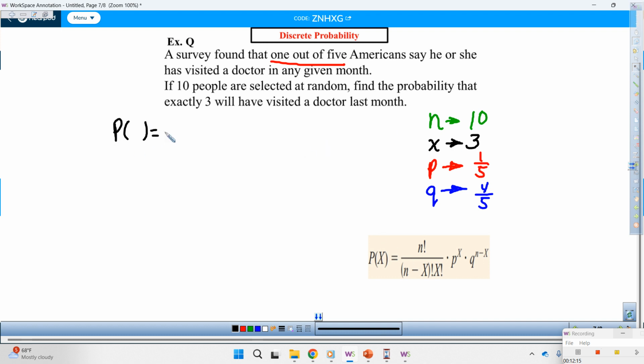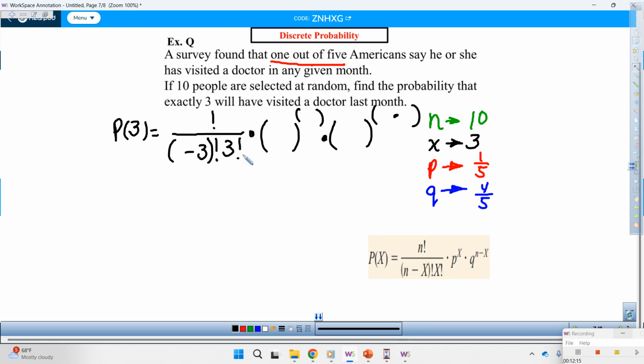P of X equals blank factorial over blank factorial times blank factorial, times blank to the power, times blank to the power. All right, let's start with X. X is 3. X goes right here, here, here, here, and here.